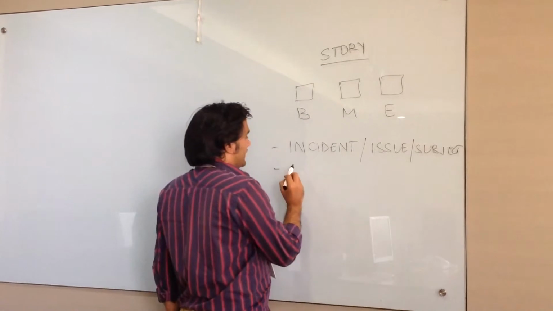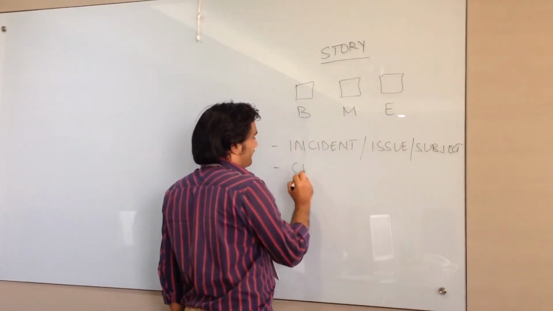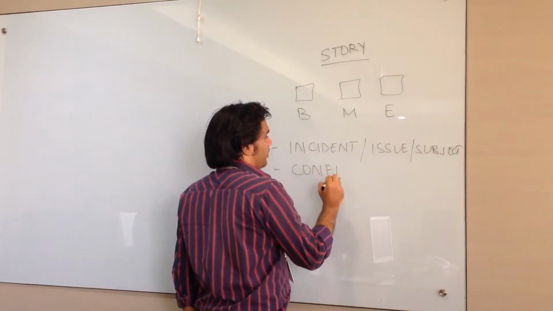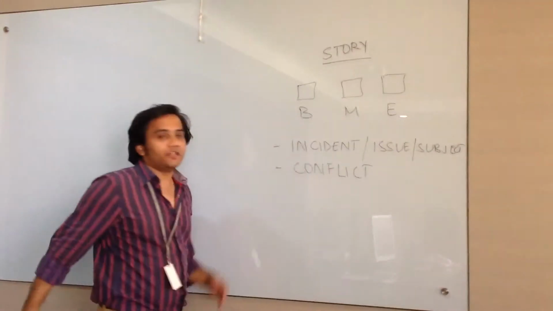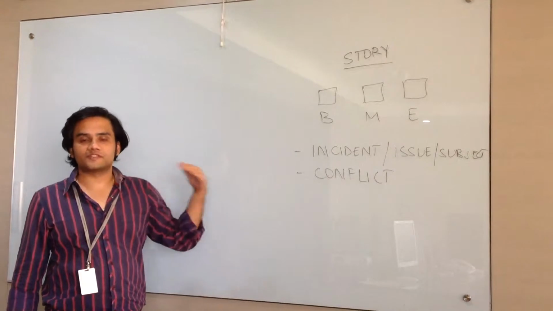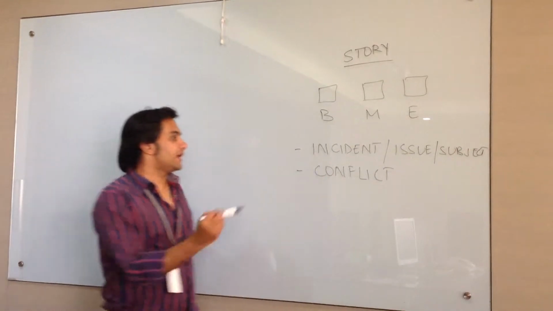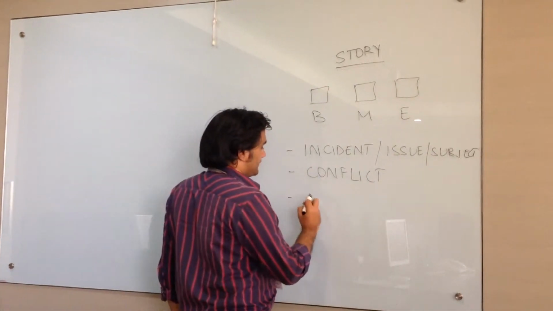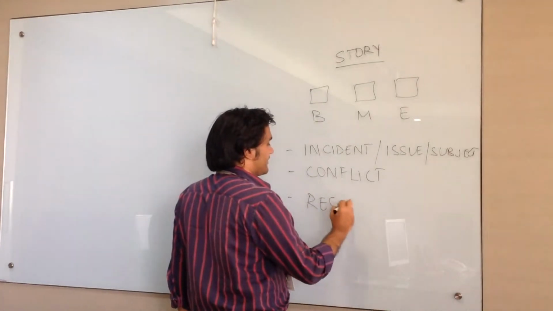It then goes to the next stage, which is conflict. Now, as we know, any issue has to first go through a stage of conflict, and ultimately there is resolution.